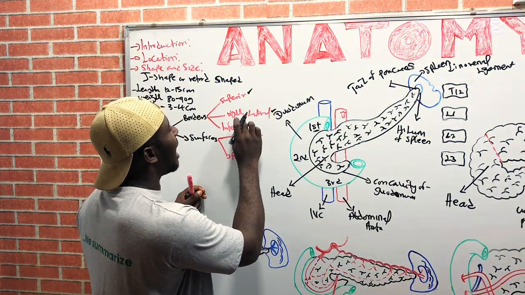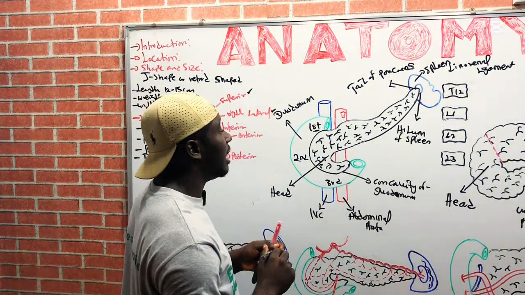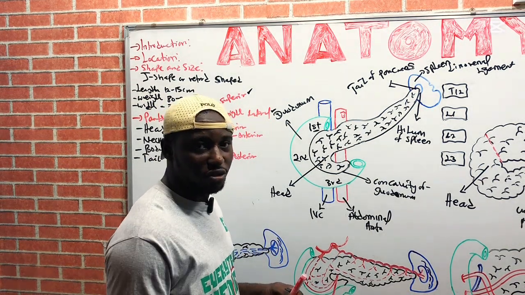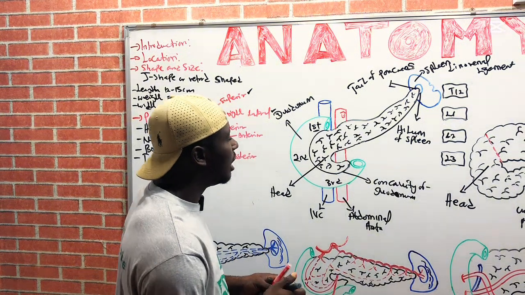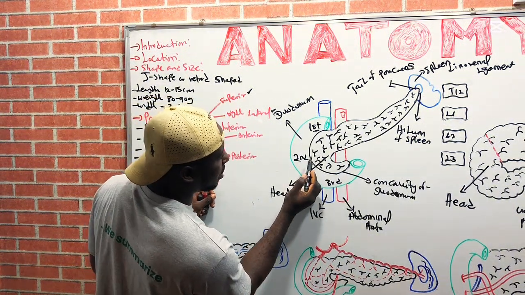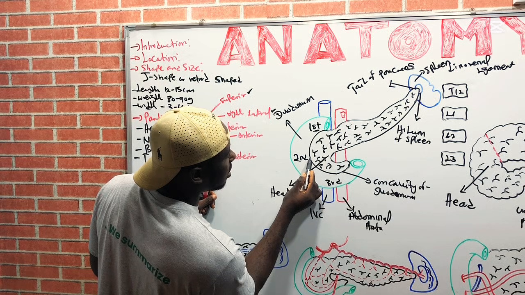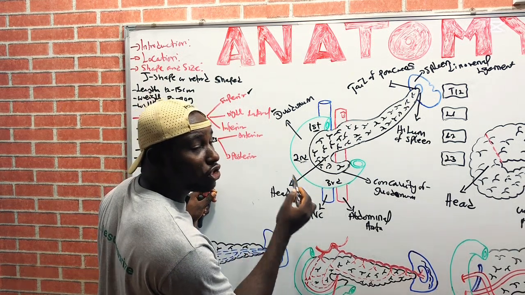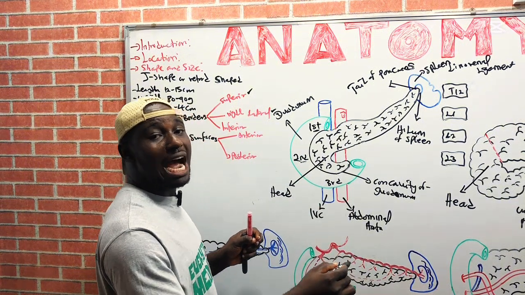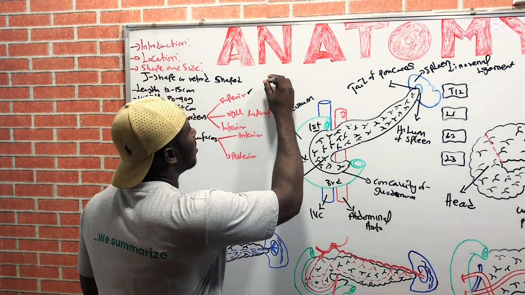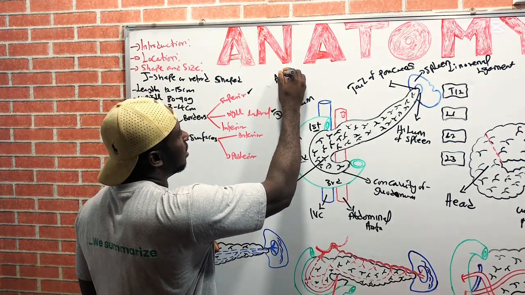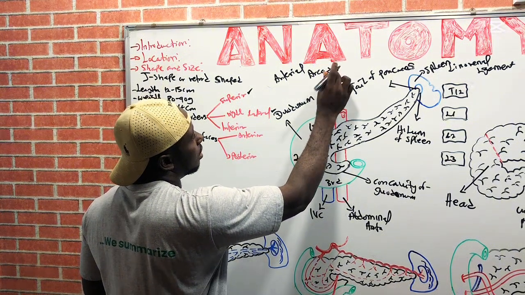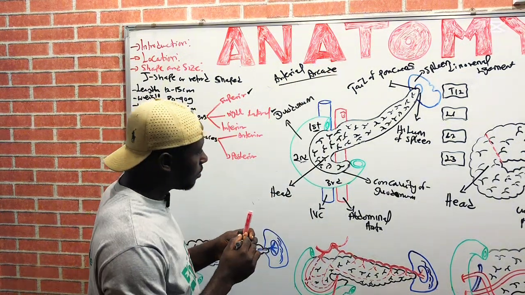The right lateral border of the head of the pancreas is related to the second part of the duodenum and also to the anterior and posterior pancreaticoduodenal arterial arcades.